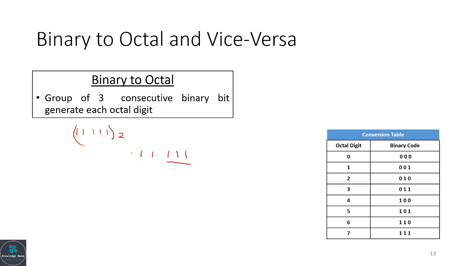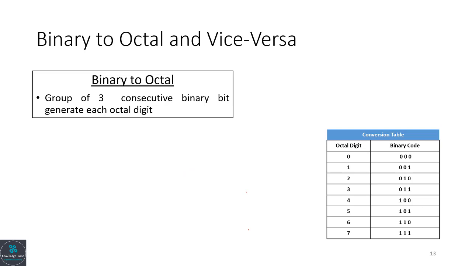So put a leading 0, or pad it with a leading 0, so that we can make groups of 3. So this is one group and this is one group, and this is 7 and this is 3. So the equivalent octal will be 37. Right? This is how we are going to convert a binary number into its equivalent octal number.